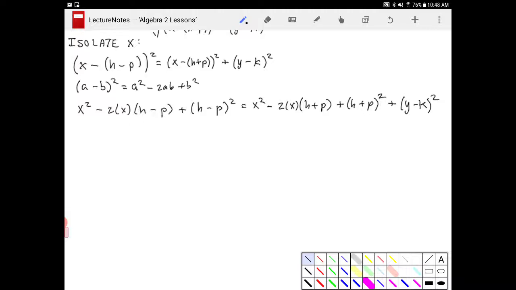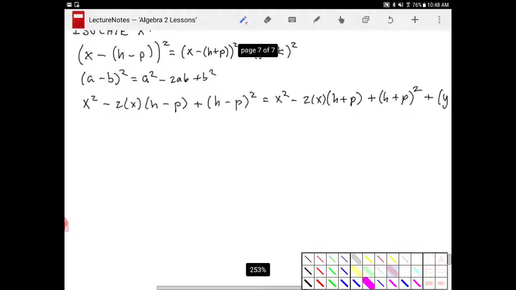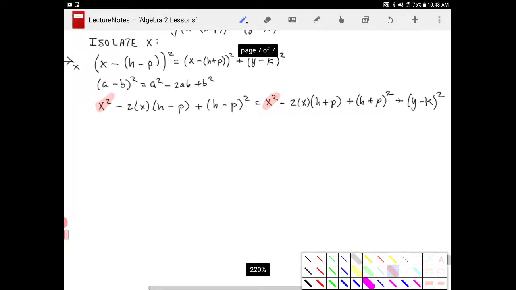So at this stage, immediately you're going to see that there are things that we can cancel. I can cancel out the x squared and x squared. And if I distribute the negative 2x into h minus p and into h plus p on either side, you're going to see more terms cancel out. So let's do that.